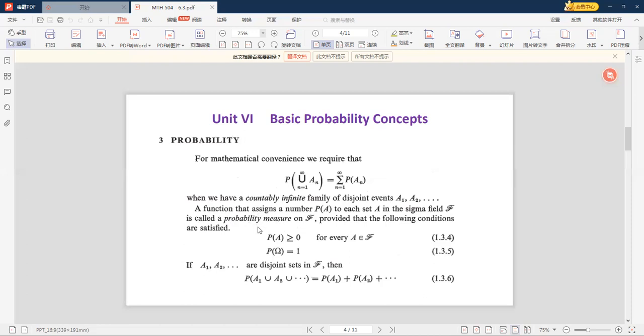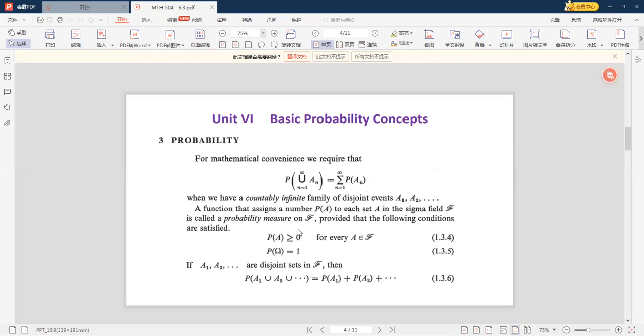When you learn real analysis, what's a measure? It means some length or some number, right? A measure gives you the size of something. So here it gives you the size of the event in some sense.